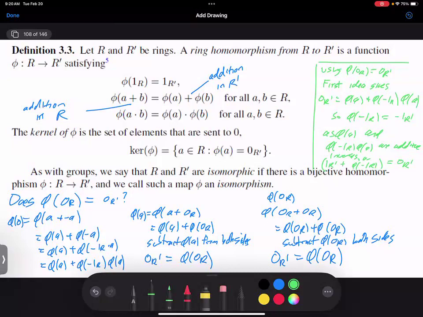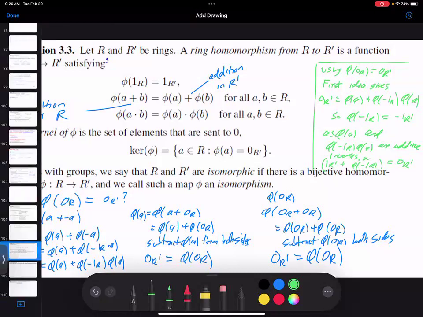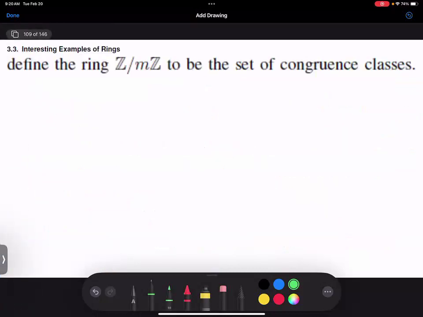So I'm much more likely to believe that it's a group under addition, and maybe it's a ring. Okay. So we'll probably do more examples of stuff like that in Thursday's lecture.